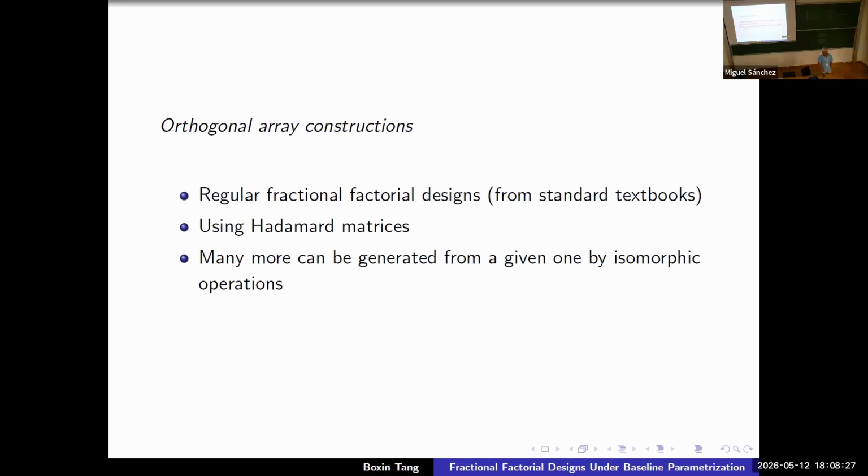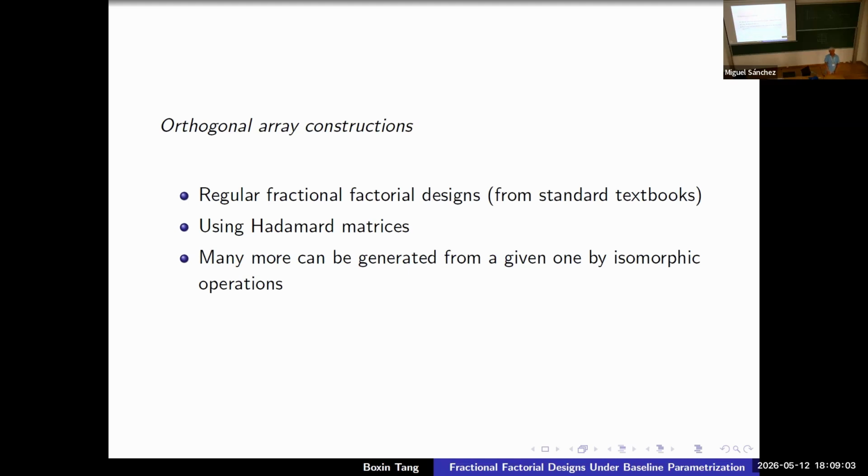Now, starting with an orthogonal array, one can obtain many other orthogonal arrays by doing isomorphic operations. What are isomorphic operations? For an orthogonal array matrix, if you permute the columns, it's still orthogonal. If you permute the rows, it's still orthogonal. If you switch the 2 levels, 0 to 1, it's still an orthogonal array. So starting from one orthogonal array, you can obtain a very rich class of orthogonal arrays.